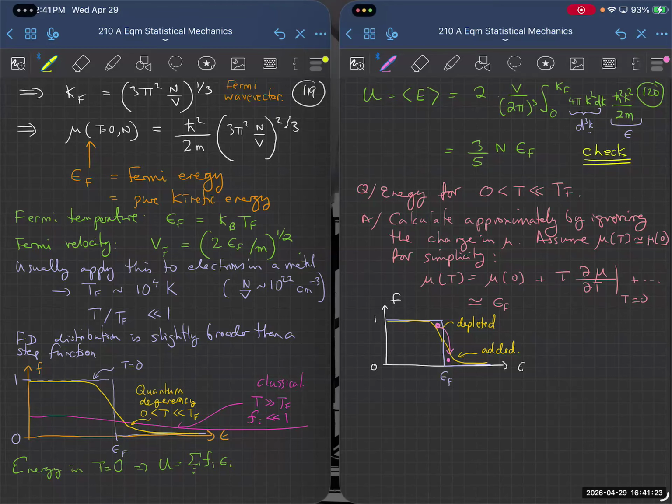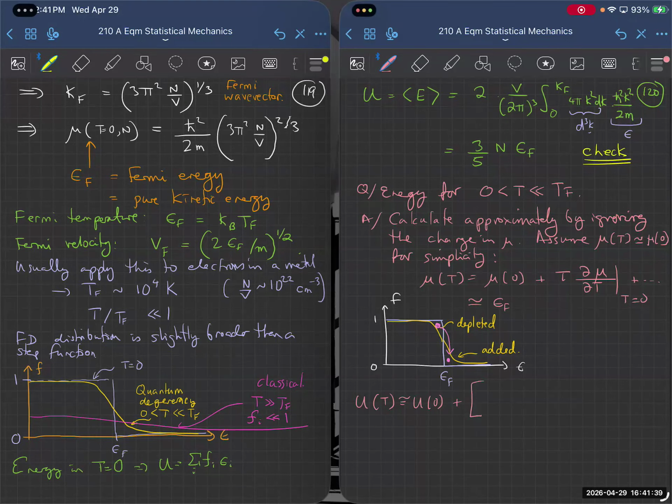So then we can calculate what the energy is at very low temperatures. It's going to be U of 0. So this is an approximate calculation. And then it's plus, and now what is it plus?